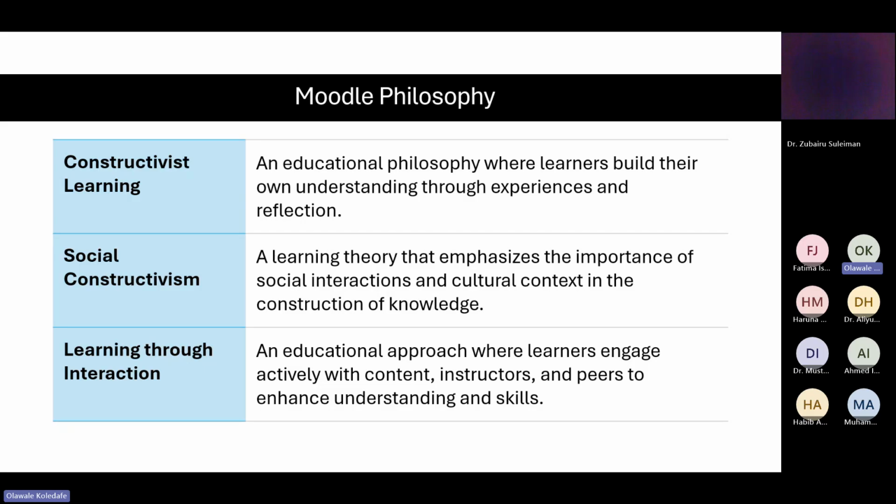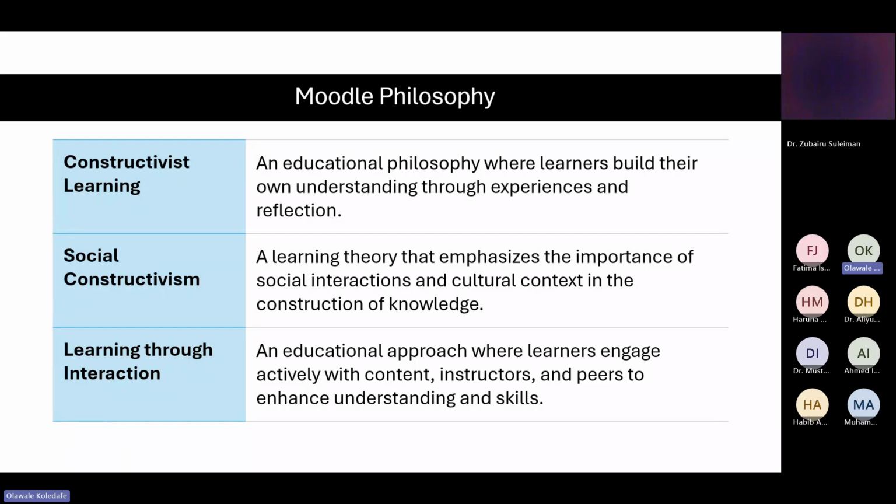All right, so under the constructivist learning theory, we've got something called social constructivism. The social constructivism talks more about the importance of social interaction and cultural contexts in the construction of knowledge. Social interaction is very, very important.